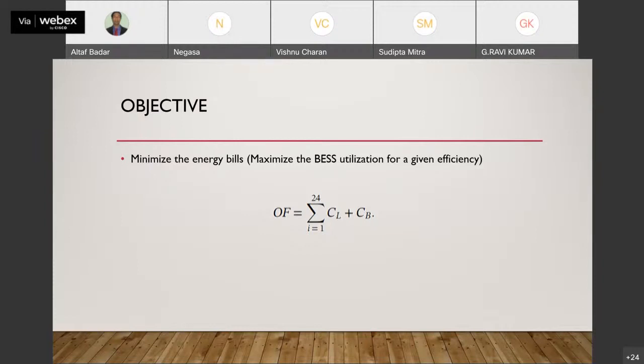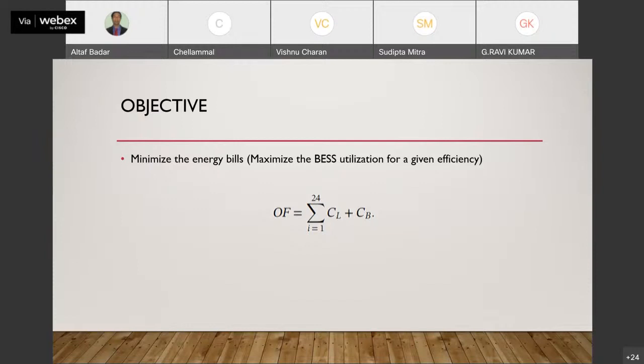Excuse me. Altaf, can you tell me what CL and CB are? CL is the cost of energy for the load only, my house load consumption, my consumption without the battery. CB is for charging and discharging of the battery.